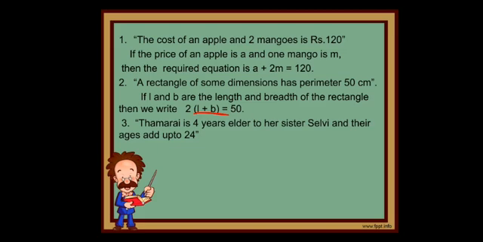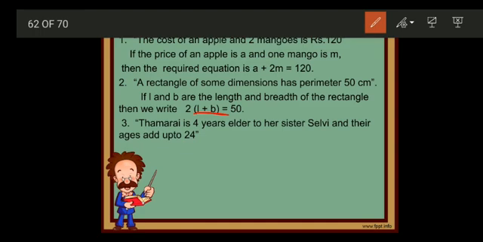Now see another example. Thamarai is 4 years elder to her sister Selvi and their ages add up to 24. Thamarai and Selvi are sisters. When we add their ages, we'll get 24. So here we'll take x as the age of Selvi. It is given that Thamarai is 4 years elder, so the age of Thamarai will be x plus 4.